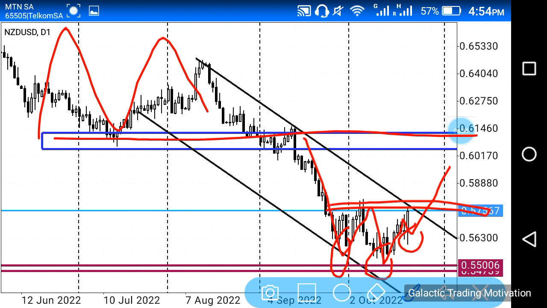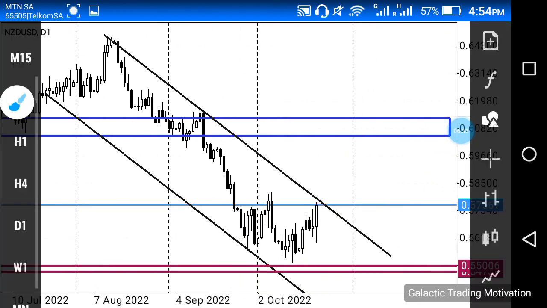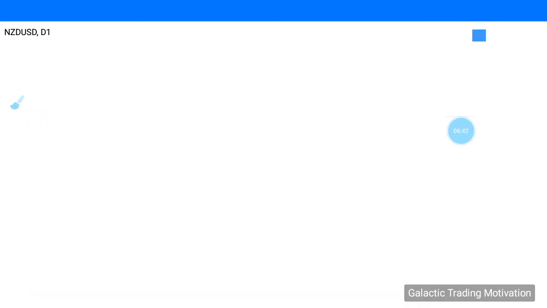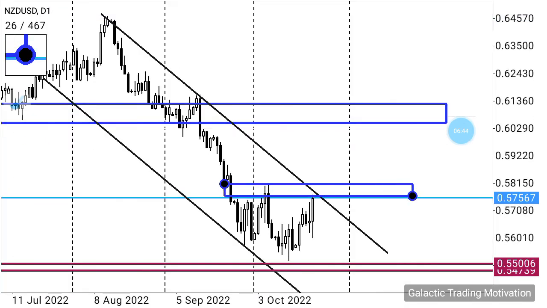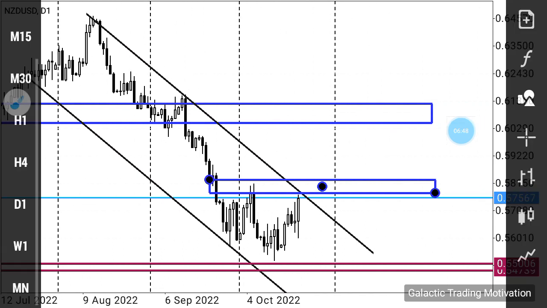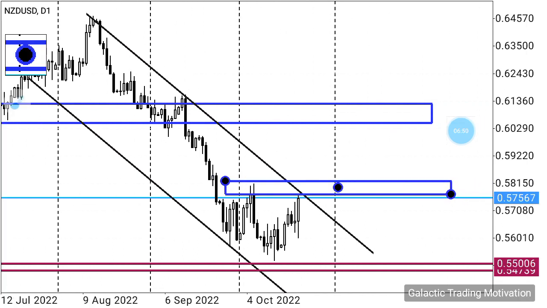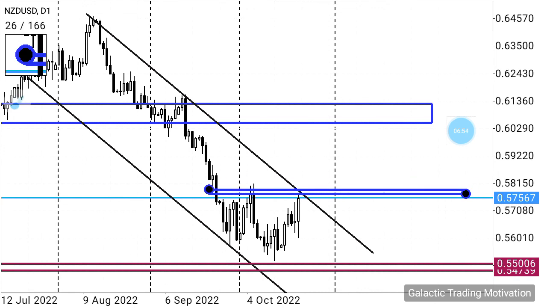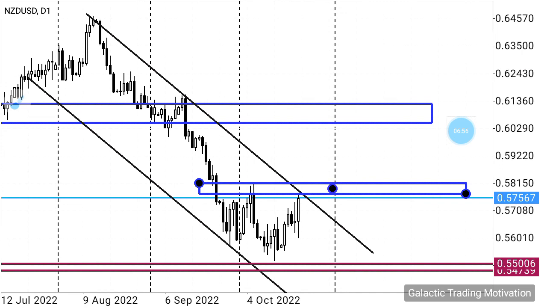Can you guys see that? So I'm just going to add the neckline of that inverted head and shoulders pattern. Just bear with me, guys, while I do so. Let's see. We could say that more or less this is the neckline of our inverted head and shoulders pattern.